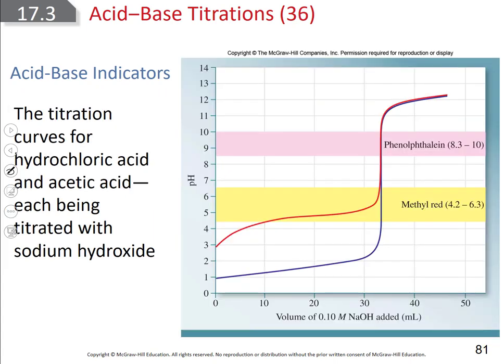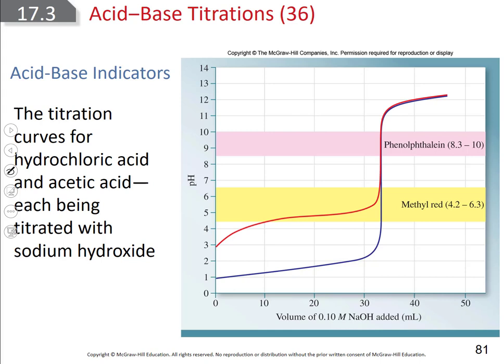In the case of phenolphthalein, the color change starts occurring at about 8.3, where it starts turning pink. So we wanted to pick it because we know at the equivalence point of a weak acid with a strong base, we have a pH in that range.